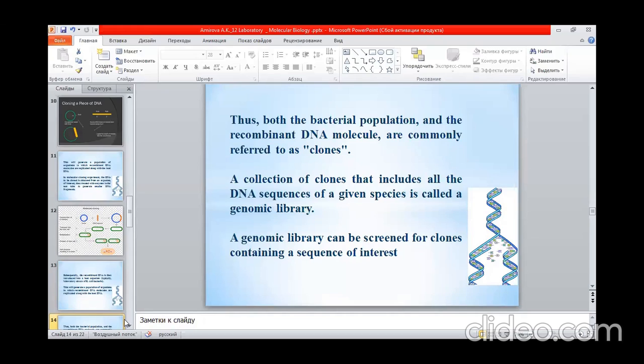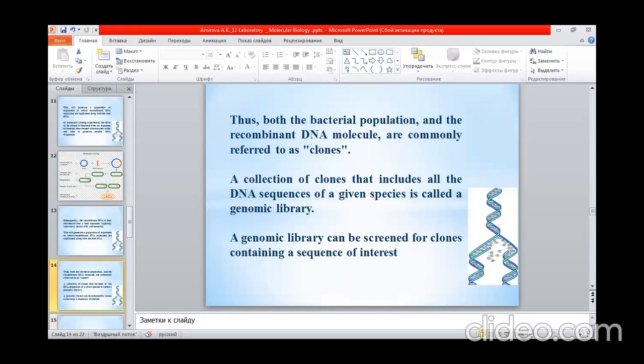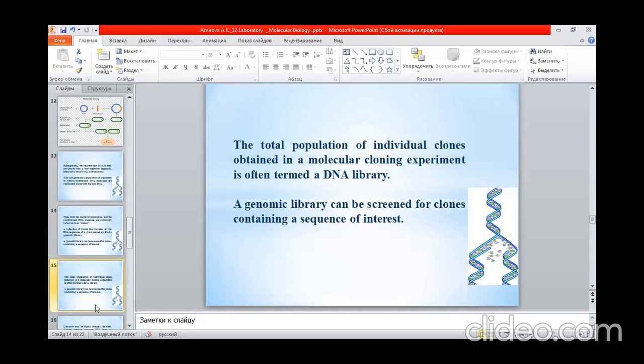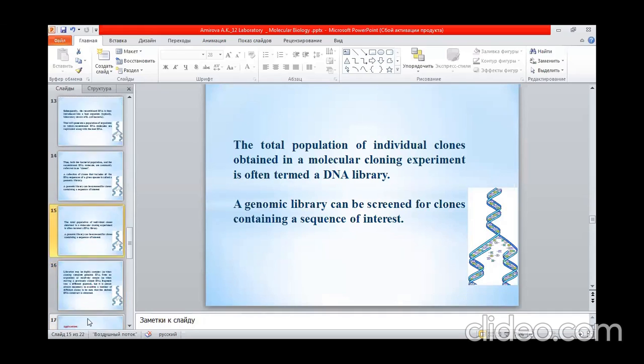A genomic library can be screened for clones containing a sequence of interest. The total population of individual clones obtained in a molecular cloning experiment is often termed a DNA library.